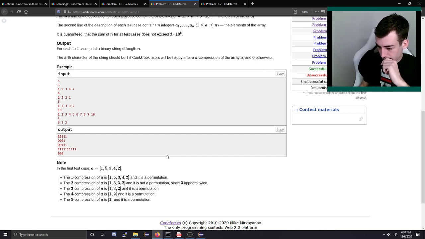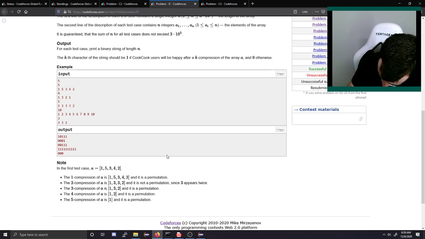For exactly 1 for a fixed size, it's got to be at least this distance here and at least this distance here.